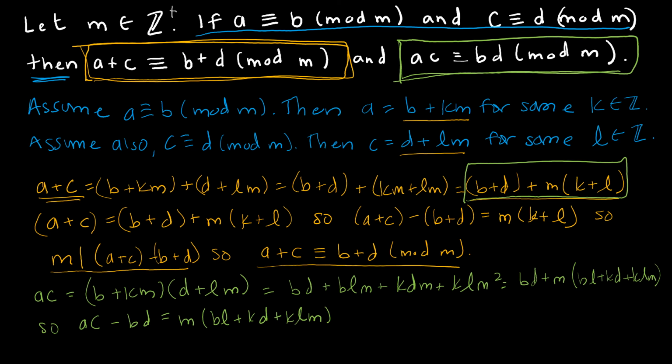And again, if I can do that subtraction, and that subtraction results in M times something, then M divides all of that. So M divides AC minus BD. So AC is congruent to BD mod M.